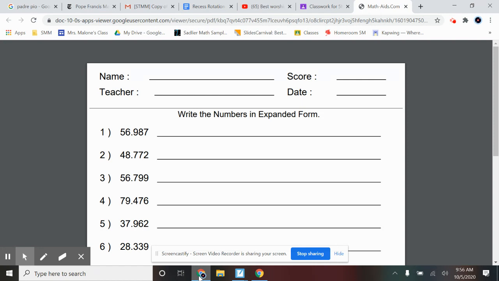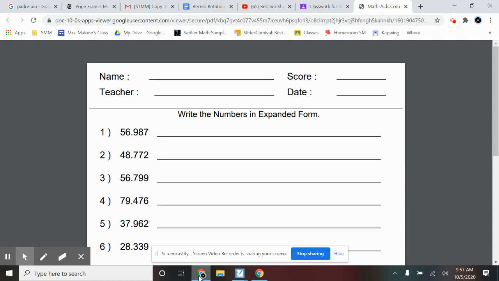There are some of you in here who thought you only had to do the decimal digits in expanded form. That would be wrong on a test. If you only did the decimal digits, then you're saying that the only numbers that are there are the 9, the 8, and the 7, and that's not true.